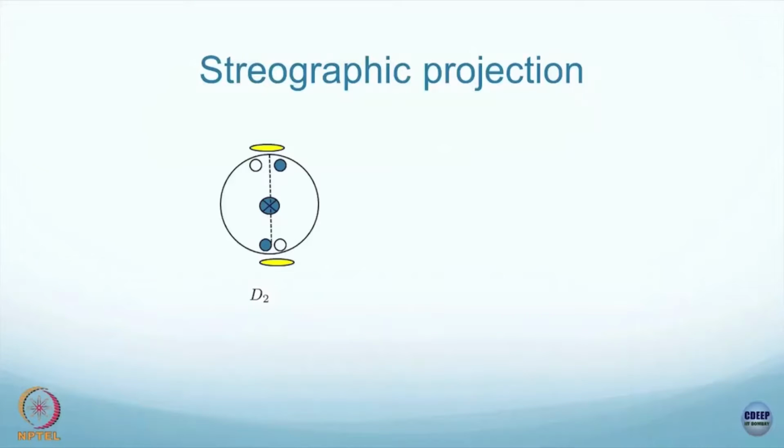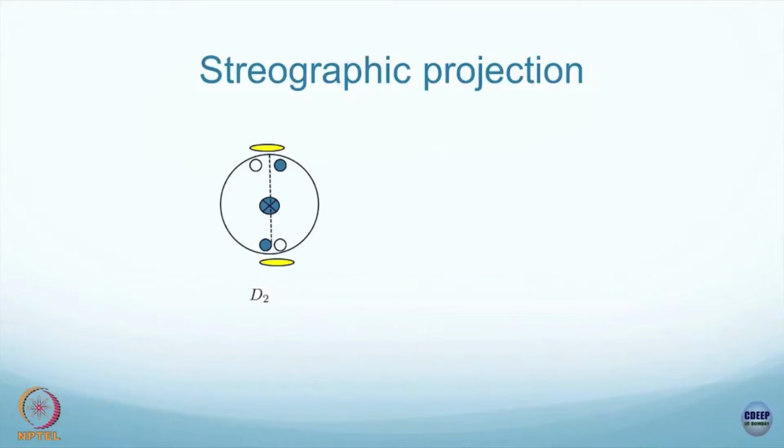I have taken the simplest case, we can do it for more complicated cases. So, take the dihedral group, as I said, you have a principal axis here. Now, this principal axis is also C2, and then you have an axis which I have shown by a dotted line, with these two hats put on it to say that this is an axis which is perpendicular to the principal axis. And you take a point, when you do a C2 rotation, it goes here.